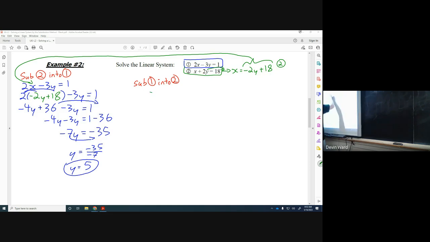So we already rearranged it. We have x equals -2y plus 18. So we already isolated x. It's going to be really easy now. We have x equals -2 times 5, plus 18. I take that 5 and put it in for y.